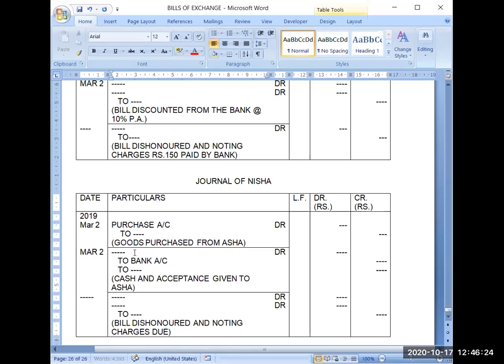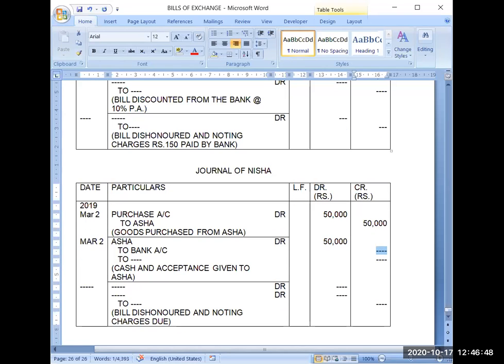Now in the second entry, she is paying cash and giving acceptance also. So Asha debit 50,000 to bank account. Now here the bank account payment is not made clear. But if you remember that in the bank I have received 10,000, then obviously she has paid 10,000. So from here you know this amount.